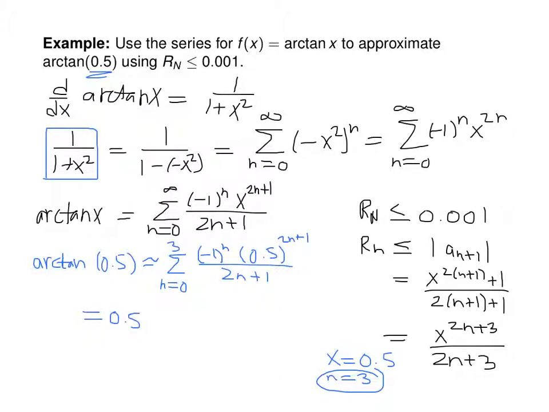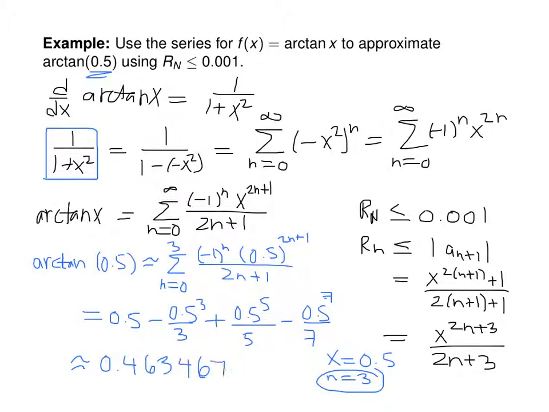When we input 1, we have minus 0.5 to the third over 3. Inputting 2, we'll have plus 0.5 to the fifth over 5. And then inputting 3, we'll have minus 0.5 to the 7th over 7. That's about equal to 0.463467262. And you know that the error is guaranteed to be less than 0.001. So there's your approximation.